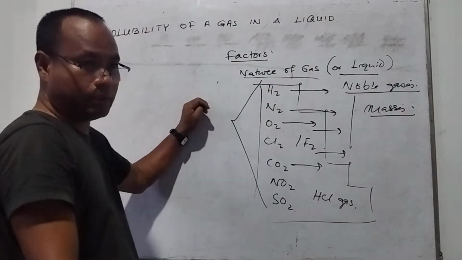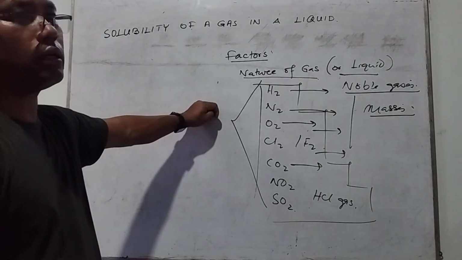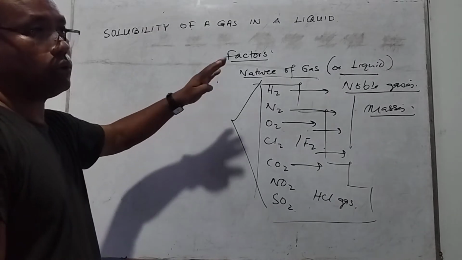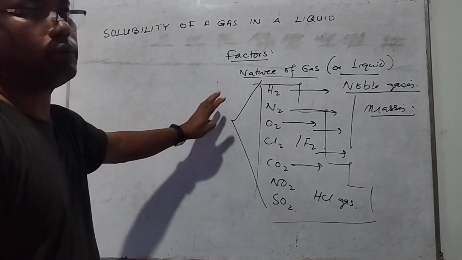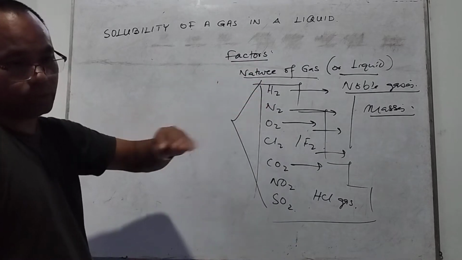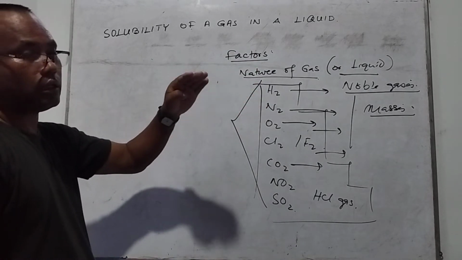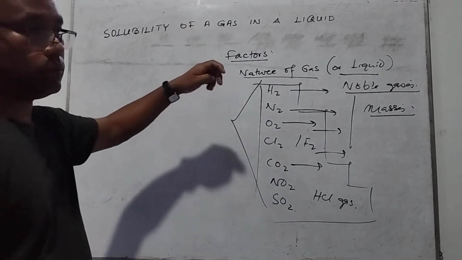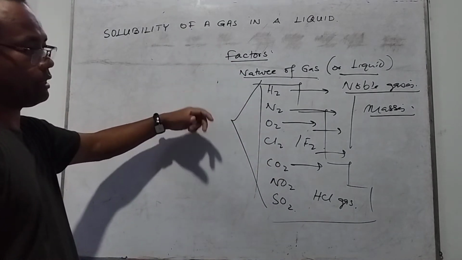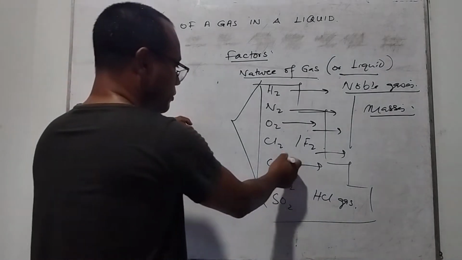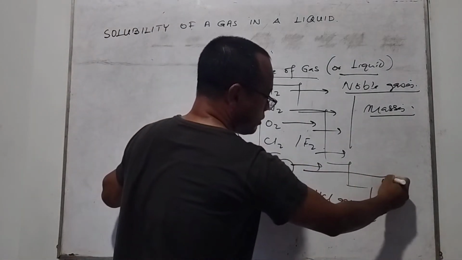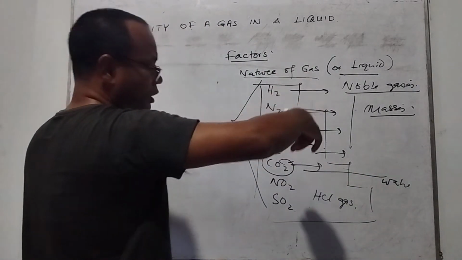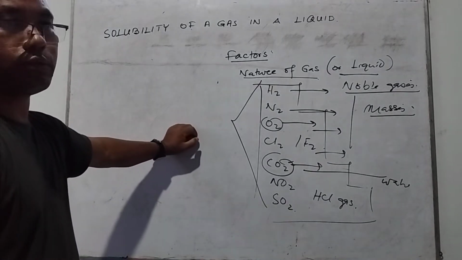Gases which are very light are available at high altitude, and gases which are heavier in mass are very close to the Earth's surface. Those heavier gases can be dissolved into the given solvent, like water. Carbon dioxide is very close to the surface of the water because it is heavier, and oxygen is also somewhat close to the surface of the water.